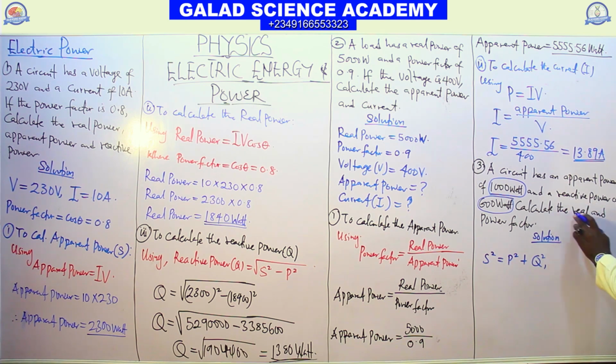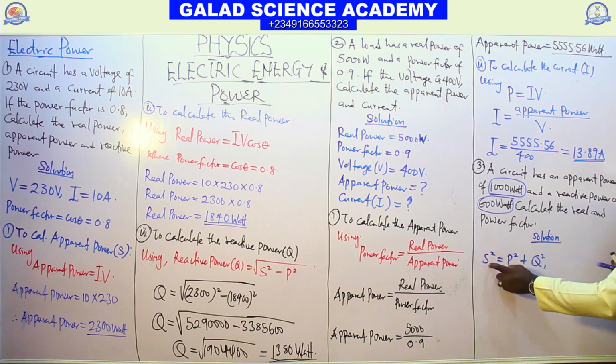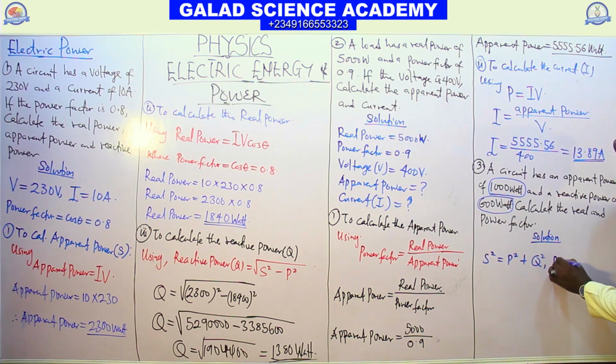We are asked to find the real power. So this is the reactive power, this is the real power, and this one is the apparent power. So the real power will be the square root of apparent power squared minus reactive power squared. Use this formula to get this.